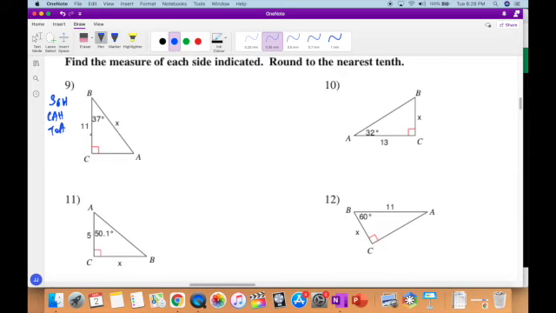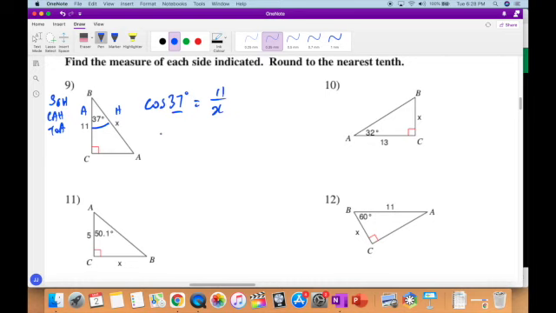So we see here that we have adjacent and we have hypotenuse. So we could see that that's cos, right? So the cos of 37 degrees, we actually have the angle this time, so we don't have to invert nothing. The cos of 37 degrees is adjacent over hypotenuse x, right?